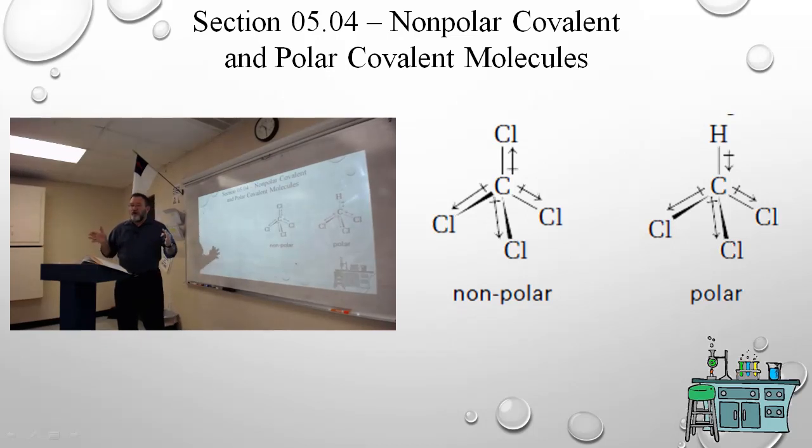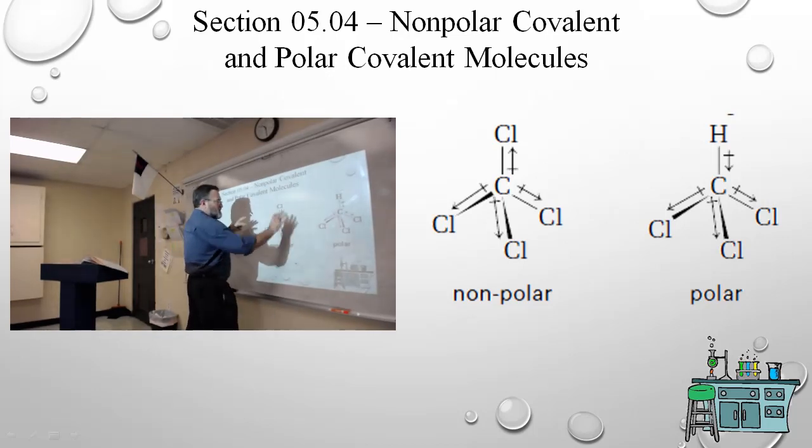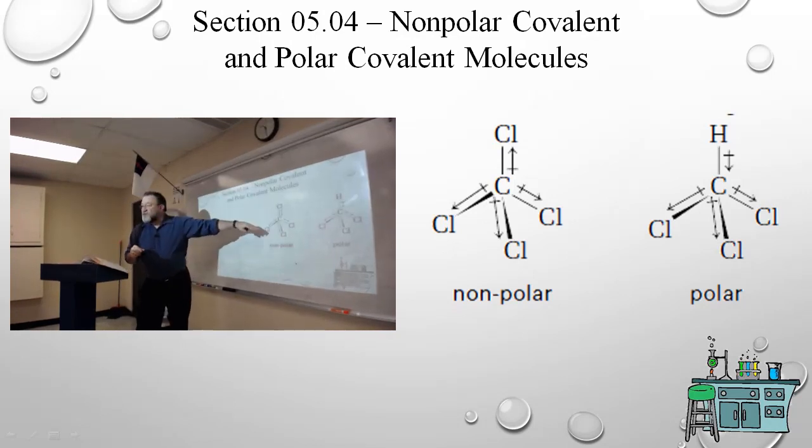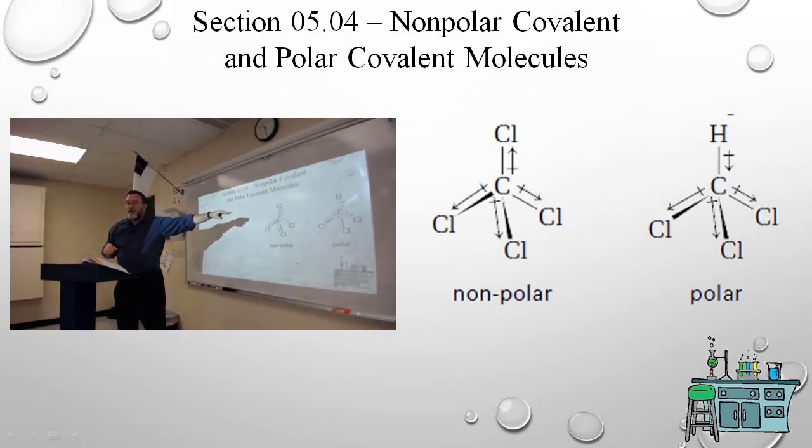What does that do to the molecule? Well, over here, all the negatives are the outside, but all the positives are in the middle, but they're all symmetrical. So when I look at the carbon tetrachloride over here, it is a non-polar molecule because the distribution of all the electrons is perfectly symmetrical.